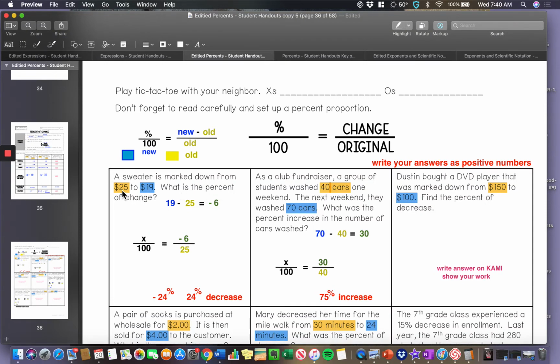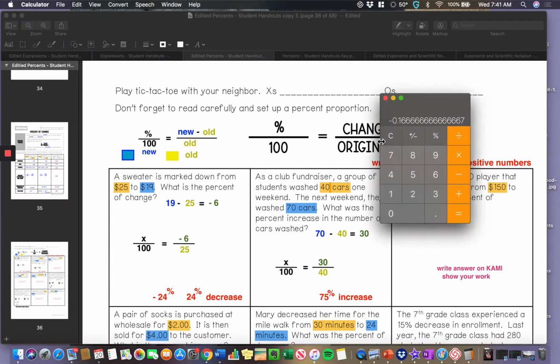So I went from a larger number to a smaller number, so I have a decrease. I'm going to take the new amount, take away the old amount, and I'm going to get -6. So I have a change of -$6, and then I'm going to be cross multiplying and dividing.